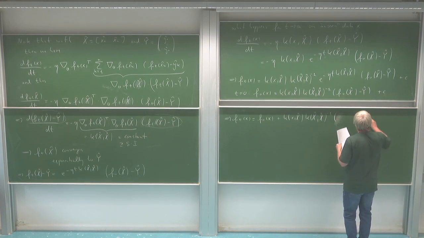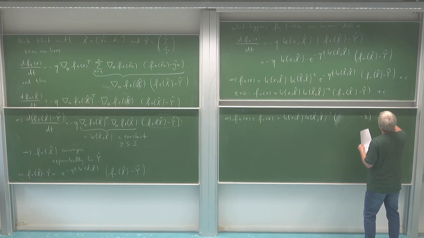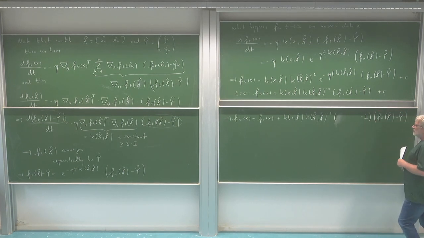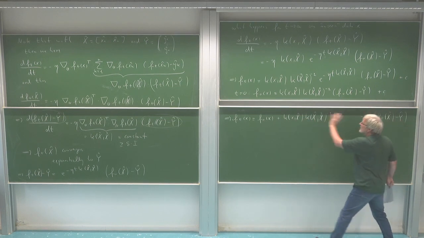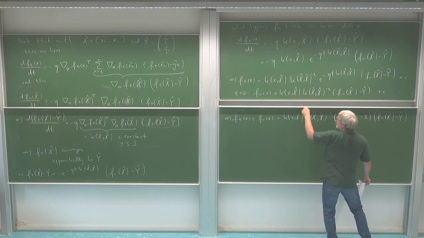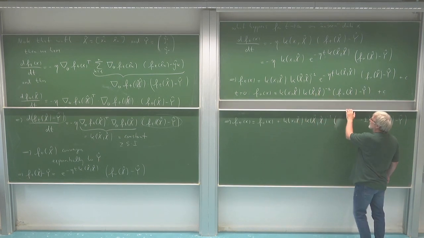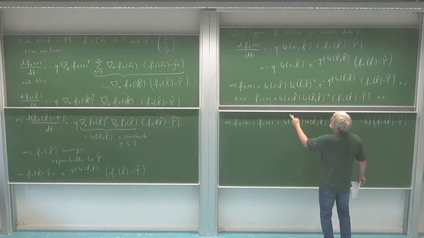So let me write here the minus 1, and I have here the f0 x hat minus y hat. Okay, so what I have written down here is just the c. The c is f0 minus this times this times this. Okay, and then I have to add to the c this one, but this is more or less what I have.